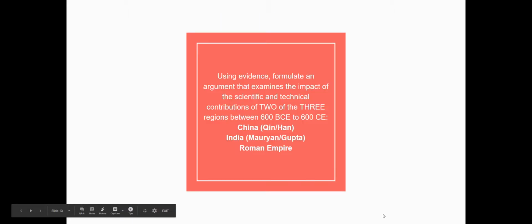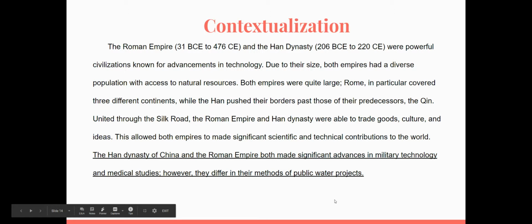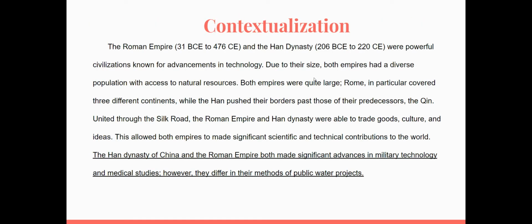Using evidence, formulate an argument that examines the impact of the scientific and technical contributions. So, we are looking at the Roman Empire and the Han Dynasty. So due to their size, both empires had a diverse population with access to natural resources. They were quite large. Rome in particular covered three different continents.